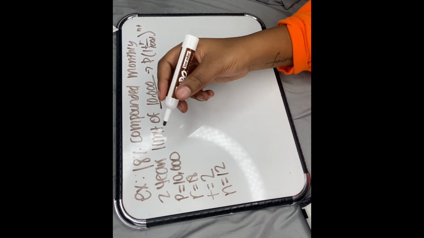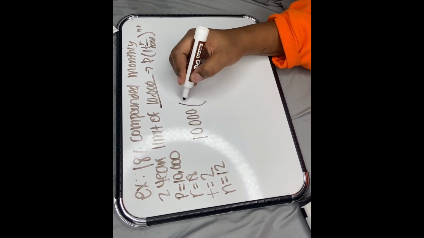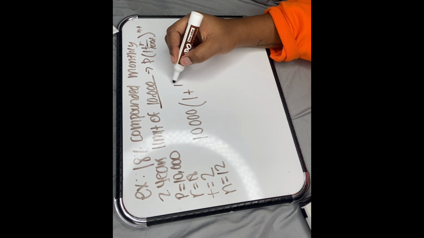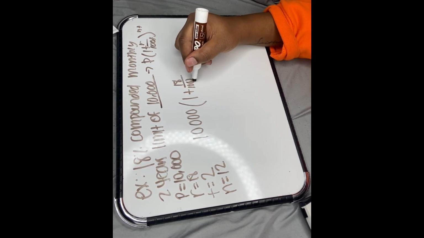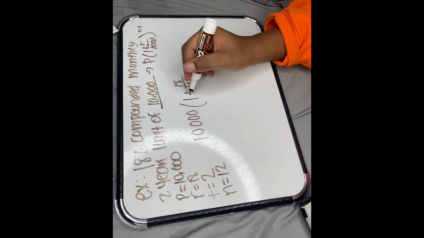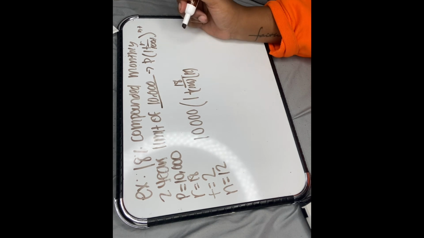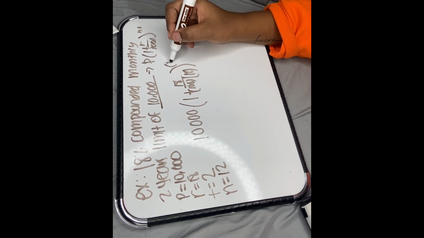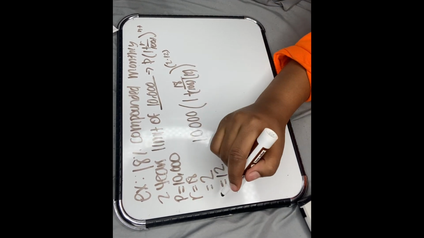So putting all that into the equation, you have 10,000 times 1 plus R, which will be 18, over 100 times T, which is 12, which will be raised to n times T.